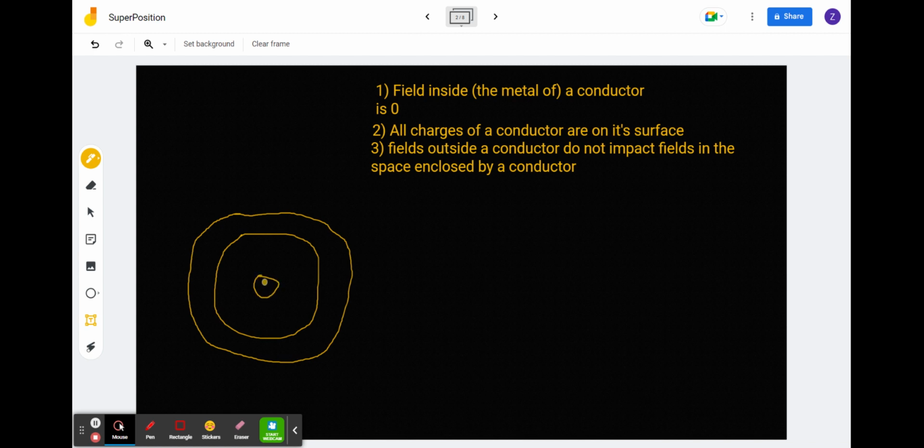If I place a charge Q here, the charges inside the conductor are going to move, meaning there's going to be negative on the inside, towards the positive, and positive on the outside. Now the question is how? How much of the charge is on the inside, and how much is on the outside?